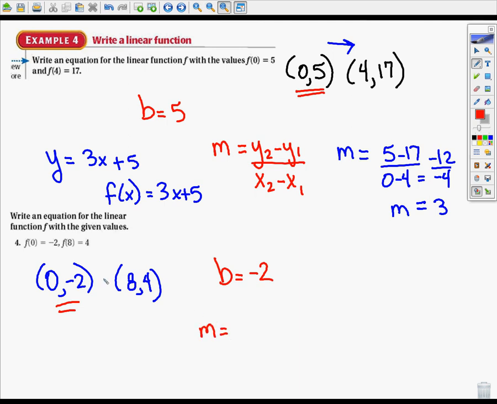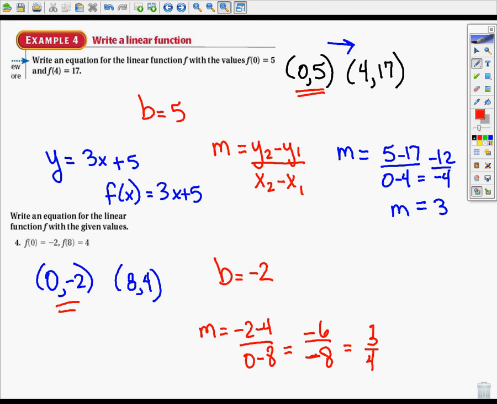My slope, I'll go negative 2 minus 4 for the y's, 0 subtract 8 for the x's. That gives me negative 2 subtract 4 is negative 6. 0 subtract 8 is negative 8. I'm going to leave it as a fraction, but I am going to simplify this. It's positive 3/4.